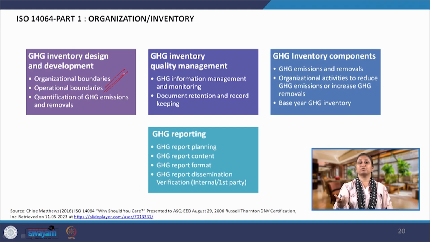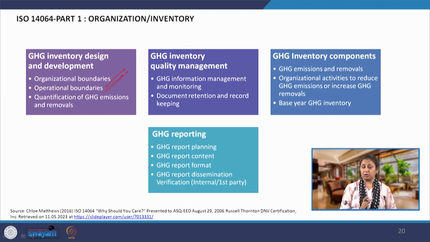How much of the emissions resulting from certain activities will be accounted for, will be counted in the emissions of this particular company, this particular organization. So, this is a critical part, defining boundaries, and it has to be done right in the beginning. This depends upon how much shareholding, equity holding we have in a particular activity. We will come to this in the next lecture, the third lecture of this week.